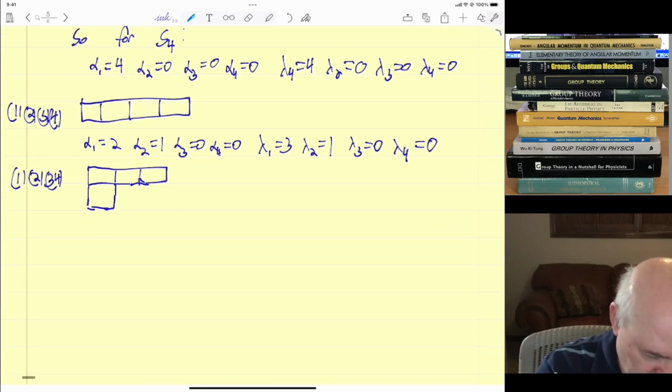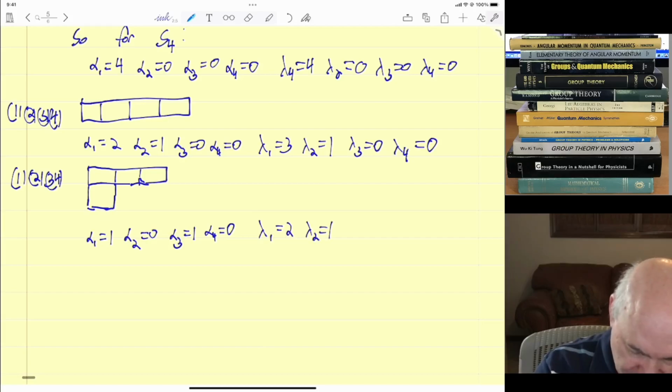Now let's keep going. We have alpha 1 equals 1, alpha 2 equals 0, alpha 3 equals 1, alpha 4 equals 0. This means lambda 1 equal 2, lambda 2 equal 1. Remember, it's the sum from everything onwards. Lambda 3 equals 1 and lambda 4 equals 0. So this diagram is 2 boxes, and then 1 box, and then 1 box.